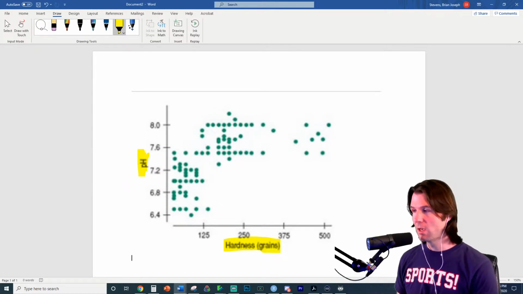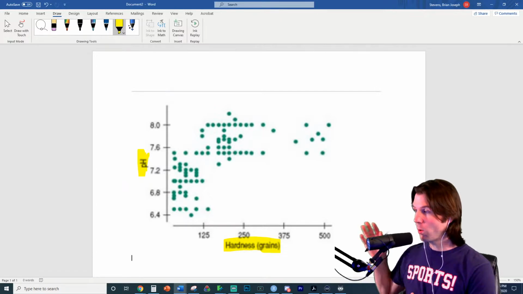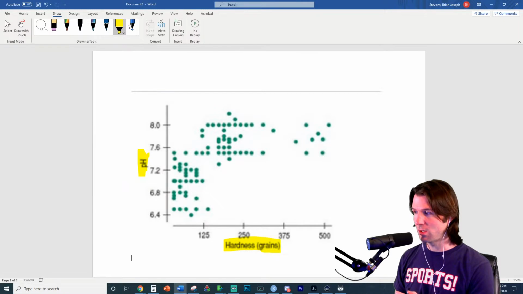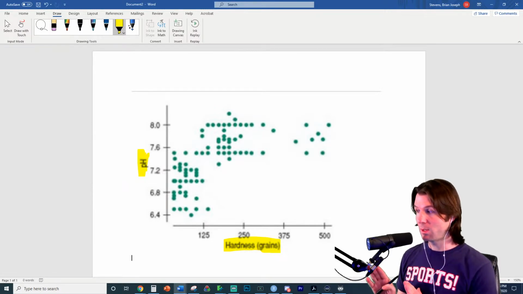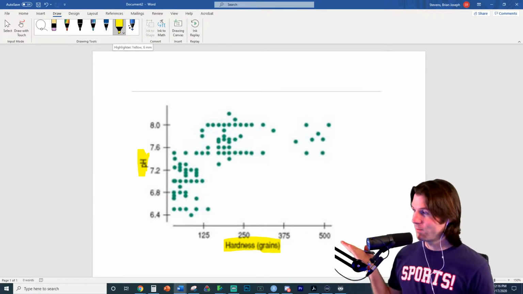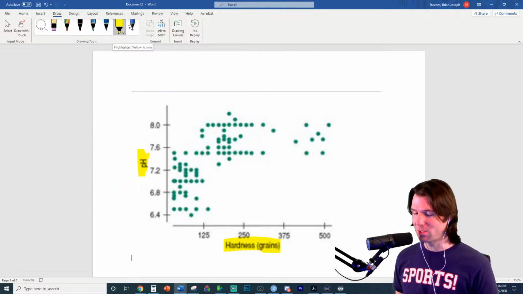Those are associations. So correlation is a type of association only for bivariate quantitative. So we made condition 1.